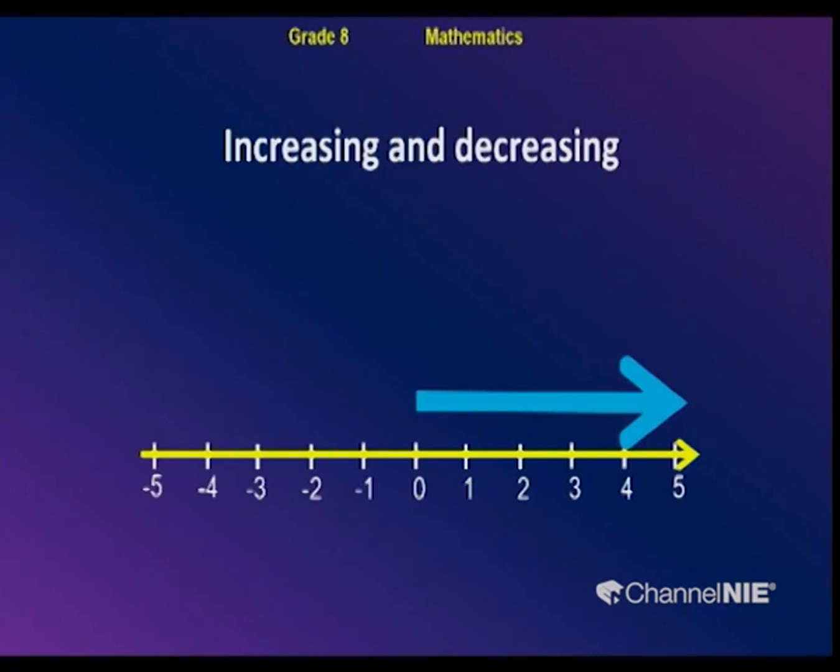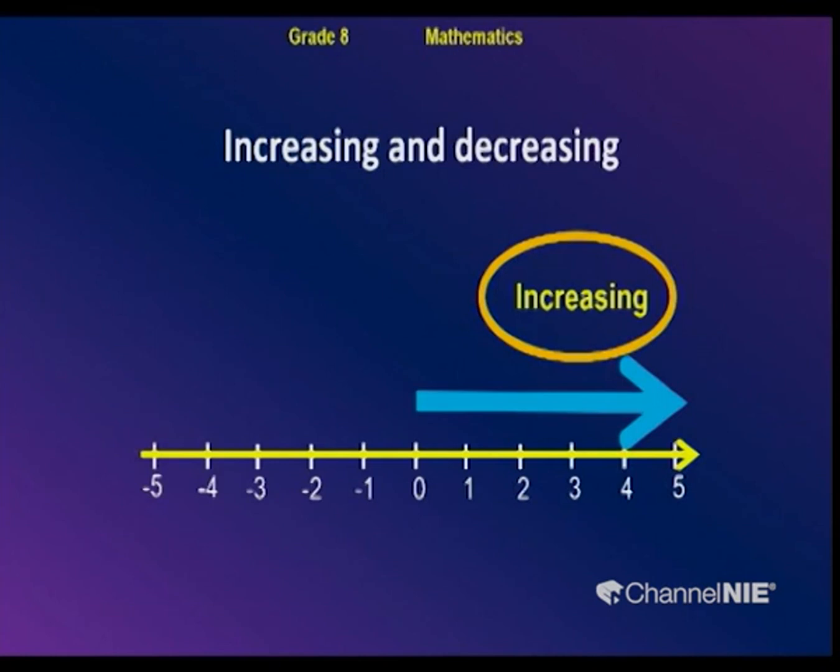When we consider the number line, now look at that. The value of numbers increases from left to right. When we consider the other way, you can see the red arrow is going to the left side. So, the value of the numbers decreases from right to left.